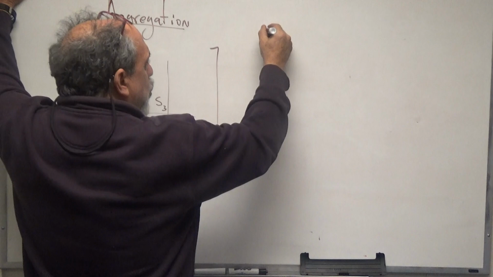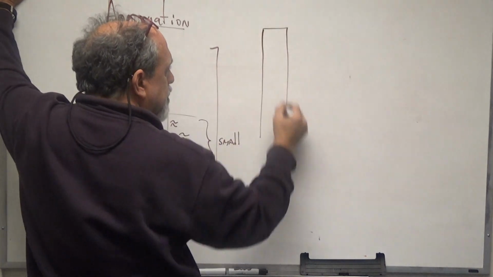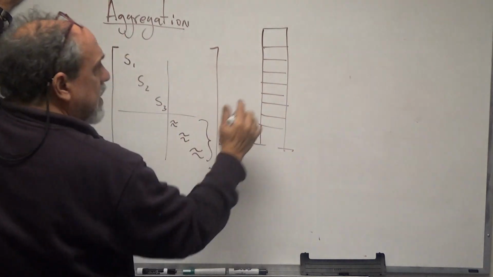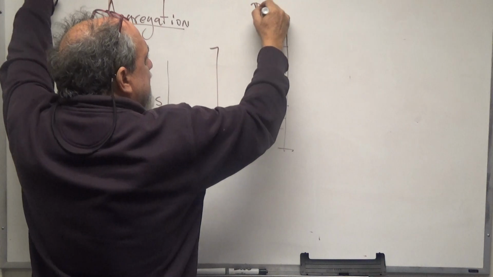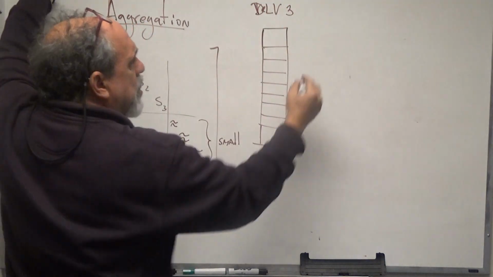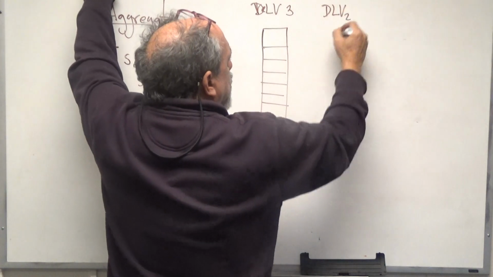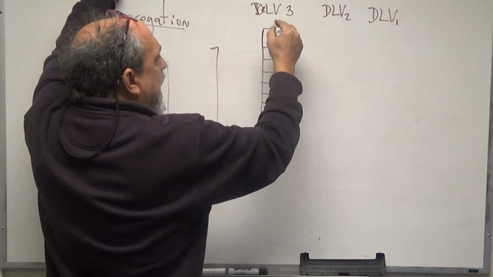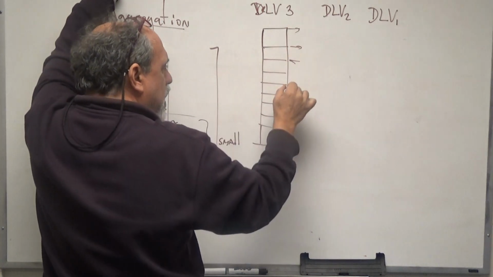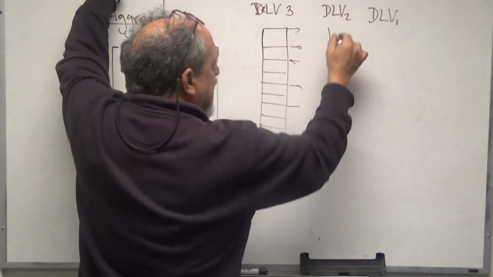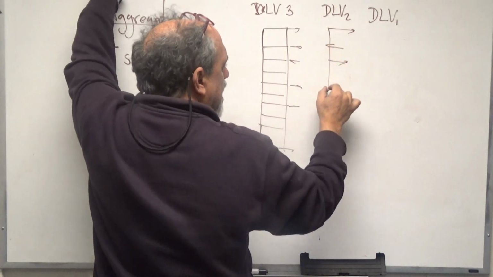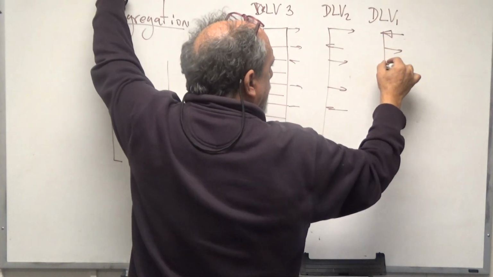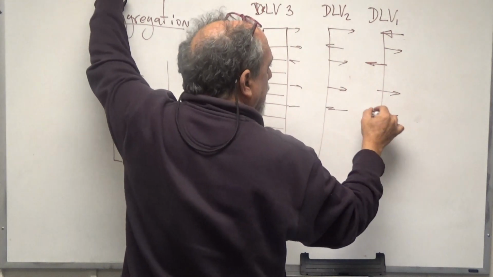Now, when you take the structure, each one of these DLV vectors gives something: DLV vector 3 gives something, DLV vector 2 gives something, and DLV vector 1 gives something. So you get something like this, whatever at the sensors, another one here, and another one here. And so on, right?